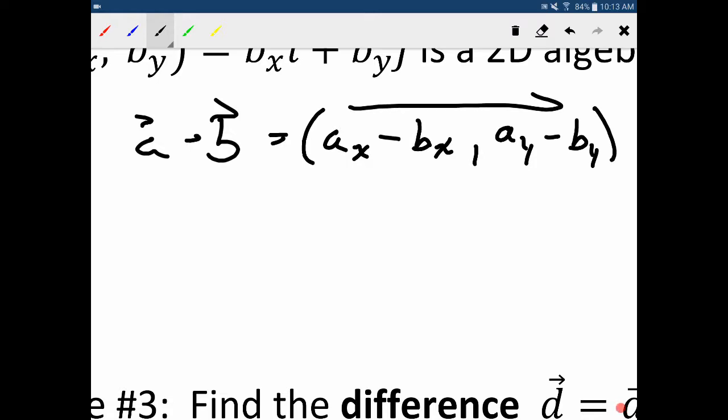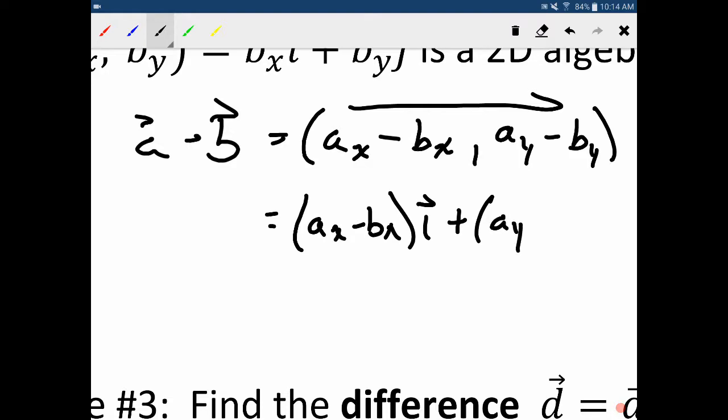We could, of course, then write this as (ax minus bx) times i plus (ay minus by) times j. All right, fairly straightforward.